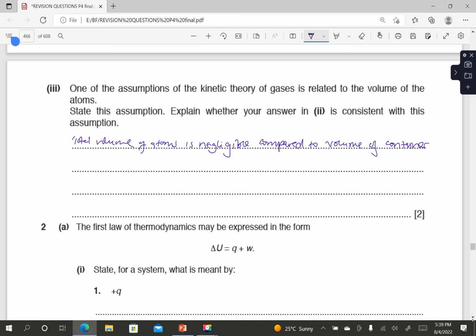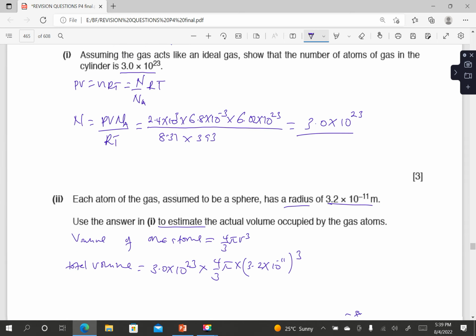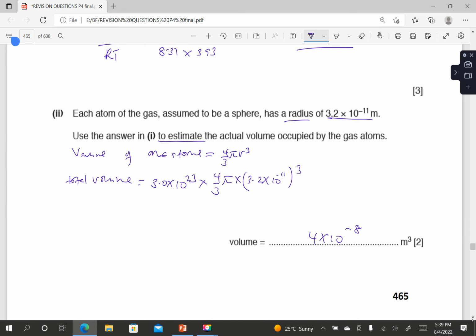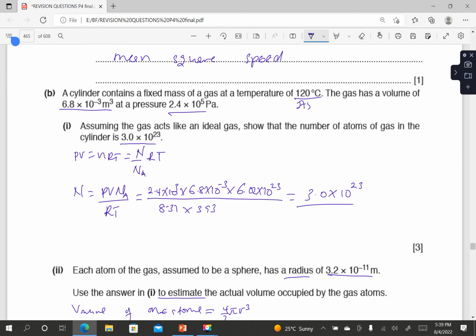Total volume is negligible compared to the volume of the container. I think that is the assumption. Now let's verify. We have calculated the total volume of the molecules as 4 times 10 power negative 8. But they gave us that the volume of the gas was 6.8 times 10 power negative 3.